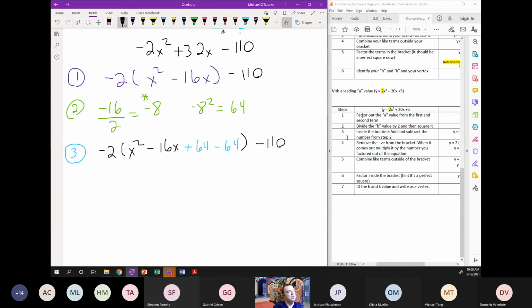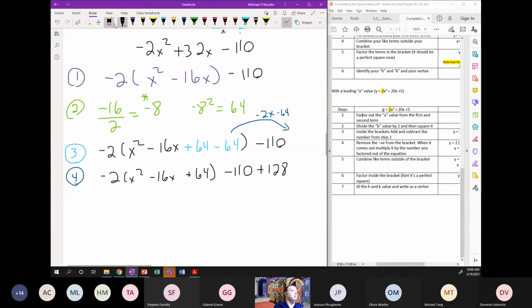Good. Step 4, remove the negative. It's going to get rid of the negative, but it has to multiply by the leading number there. So -2 times -64, plus 128, I do believe.